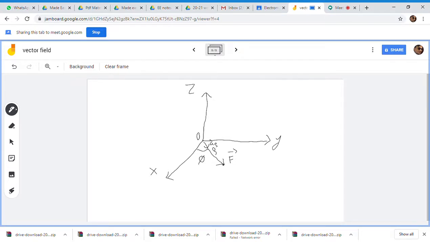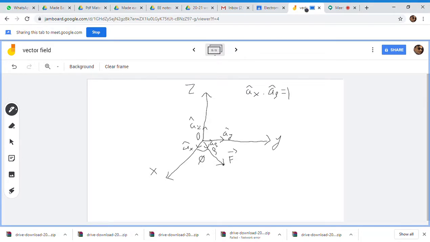Now our ax is in this direction, our ay is in this direction, az is in this direction. This is phi. So if we take ax dot a rho, then what does it mean?